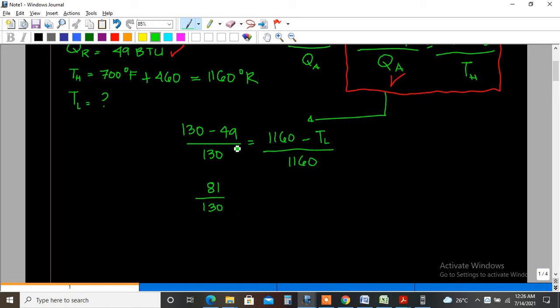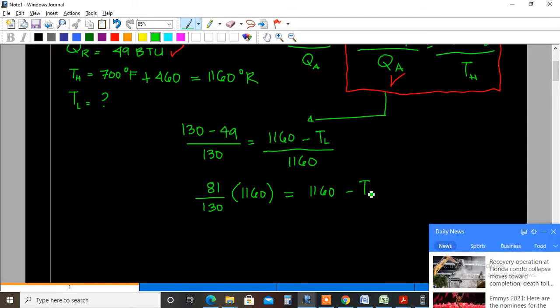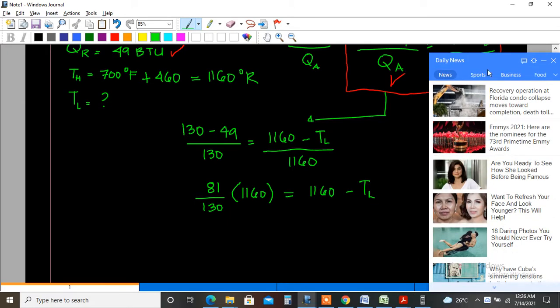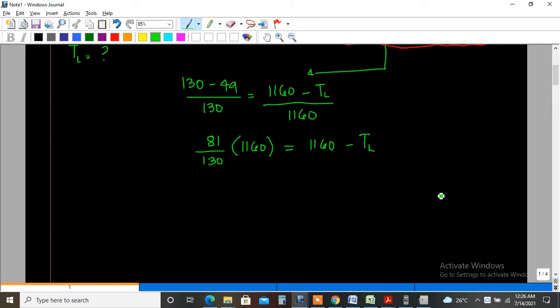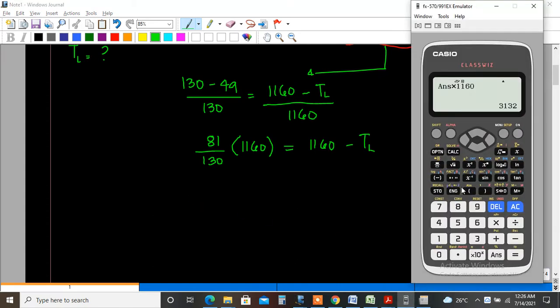So cross multiply by 1160 is equal to 1160 minus the low temperature. So let's use our calculator. 81 divided by 130 multiplied by 1160.